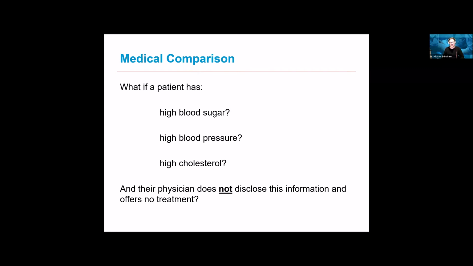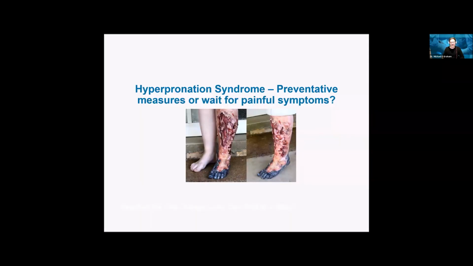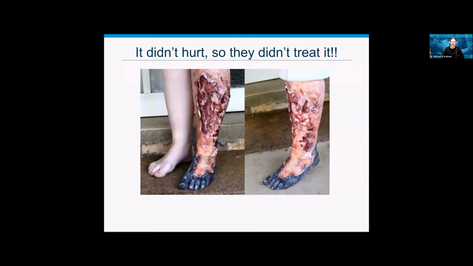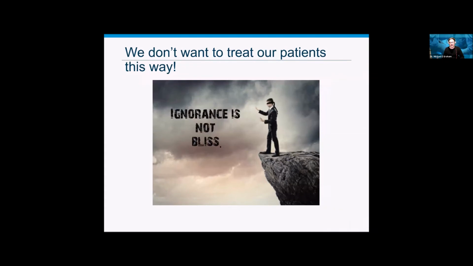Anybody with high blood sugar, high blood pressure, high cholesterol, we're taking all kinds of medicines and doing everything we can to get those blood levels normal. And that's great, but we need to do the same thing for misaligned feet. Yes, misaligned feet is not a life-threatening condition like this is, for example, but it's still a significant deformity that has a great impact on patients' lives and their well-being. So we cannot just ignore this pathology.